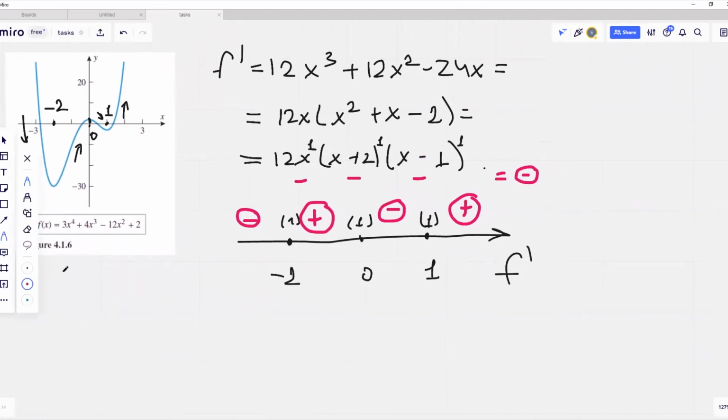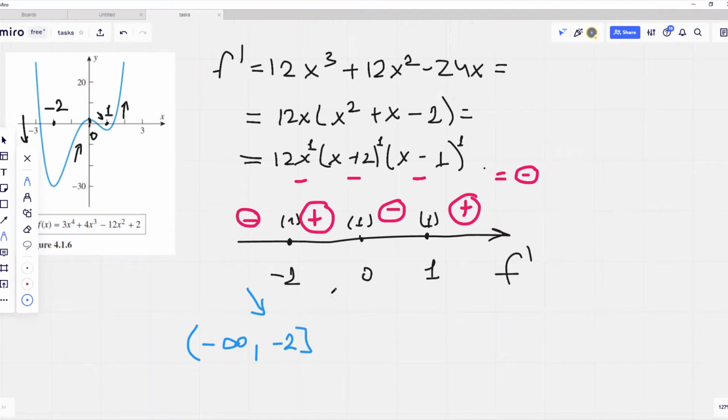Okay, now according to our theorem, our function is decreasing on intervals where f prime is negative. So then our function is decreasing on interval from minus infinity to minus 2. So open at left at minus infinity and closed on right, our function is decreasing.